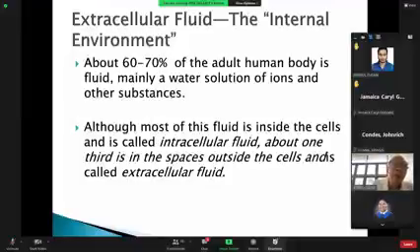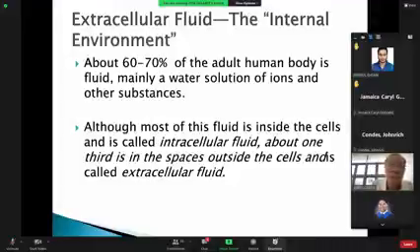About 60 to 70% of the adult human body is fluid, composed mainly of water, ions, and other particulates, or osmotic particles, osmoles, or solutes suspended in water. That is where you can find the internal environment in which the cell is suspended.